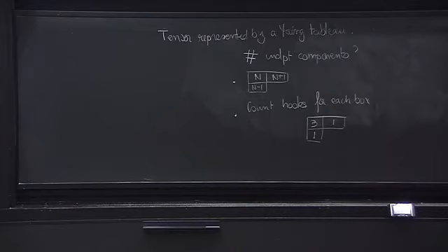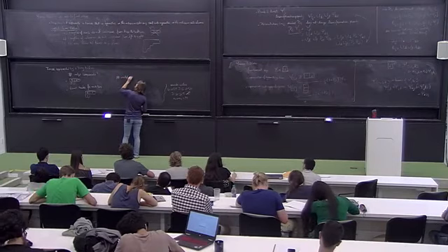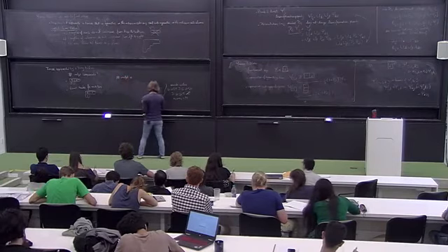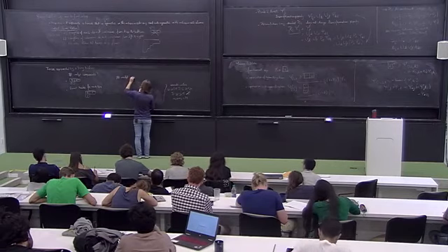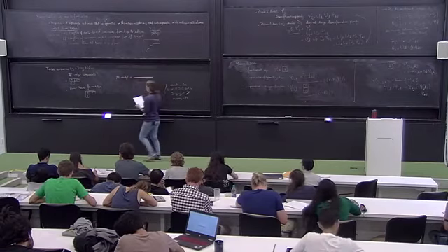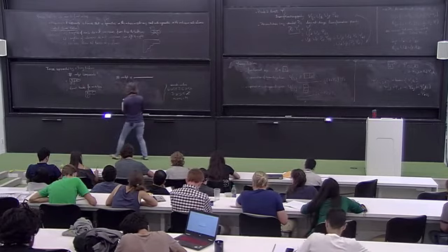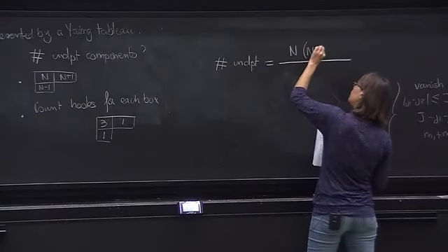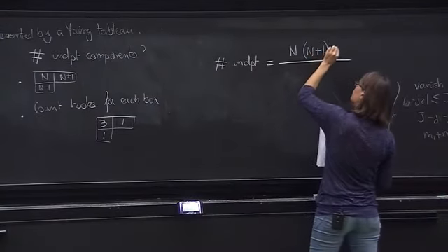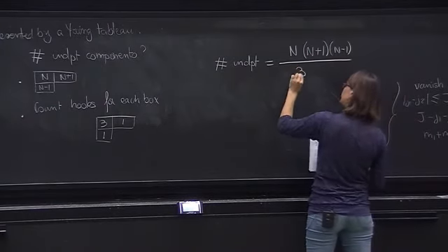Then the number of independent components is given by the ratio of the product of the first results over the product of the hook numbers. So here, for example, what you get is n times (n+1) times (n-1) divided by 3.